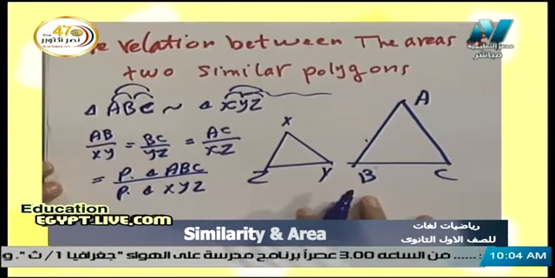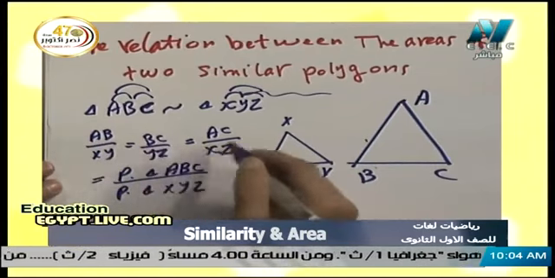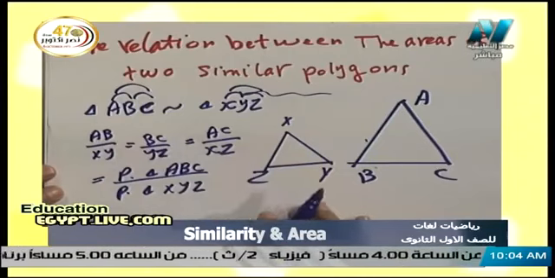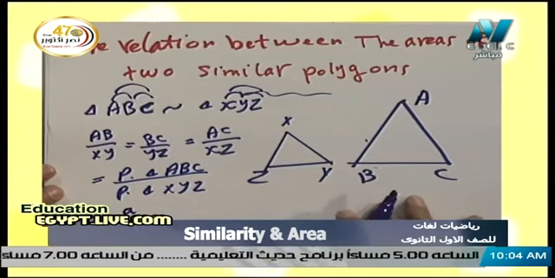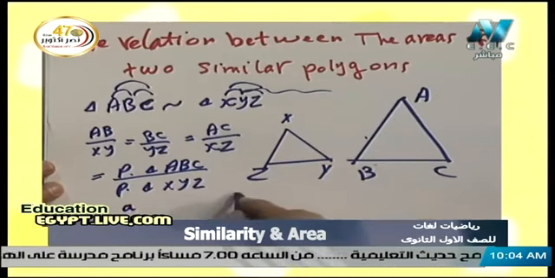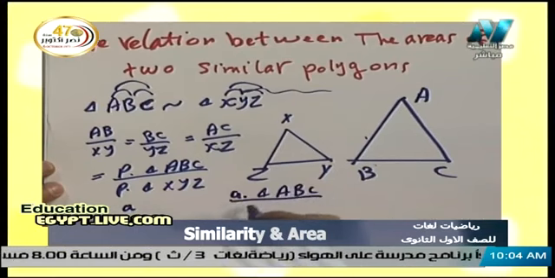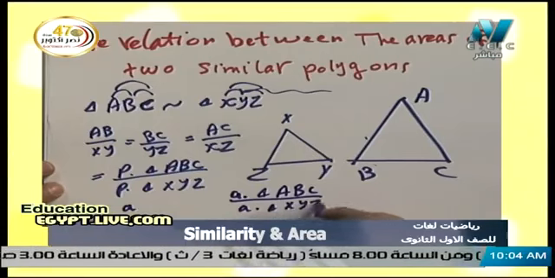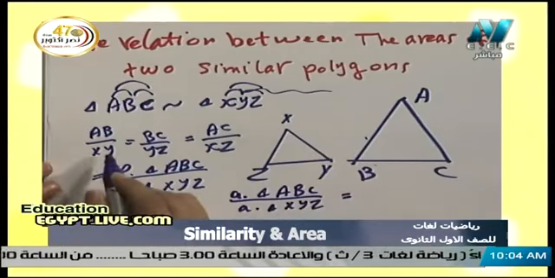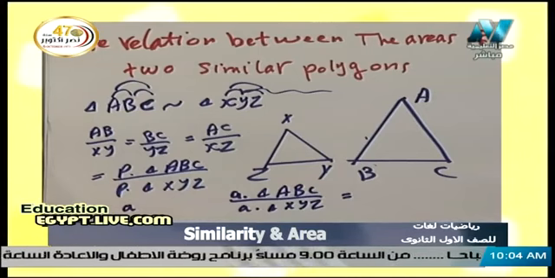But now we will study the relation between these ratios and area. The area of triangle ABC over the area of triangle XYZ will equal any ratio of these ratios but power 2.